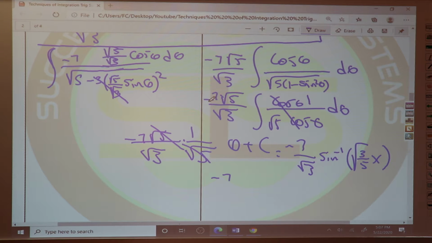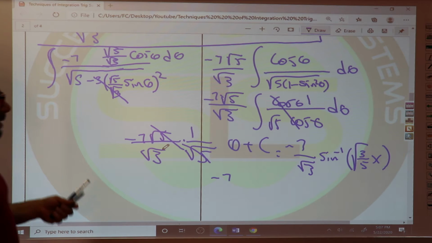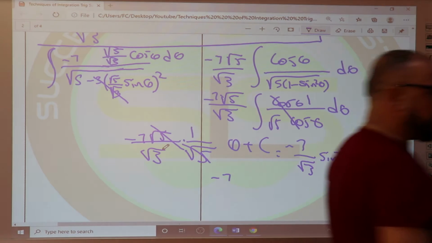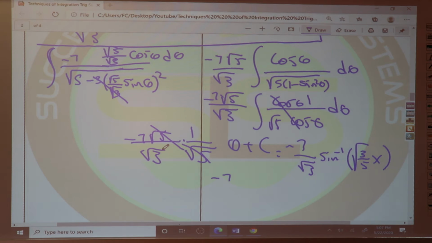-7, 5 square root of 3. Here, 5 cancels with 5, -7 over square root of 3, sine inverse of 3 over 5 x. Look at this problem and see how it is.